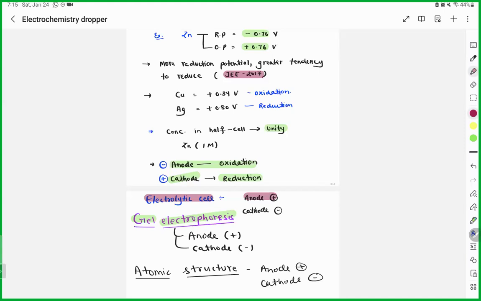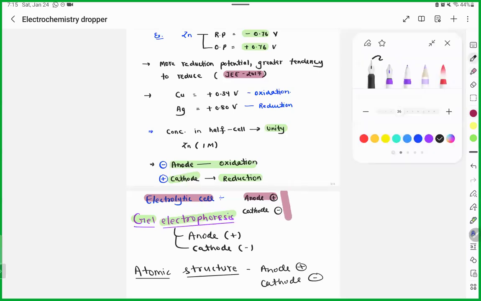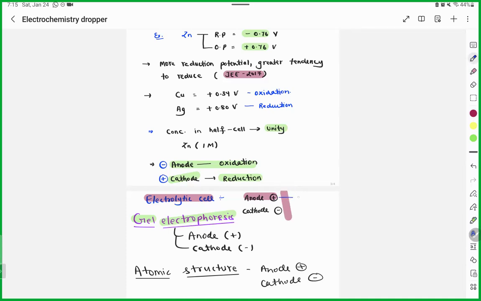But the interesting part is, even in the electrolytic cell, the anode will have oxidation and the cathode will still have reduction. Tell me, any doubts?